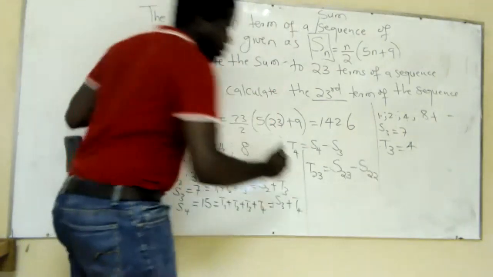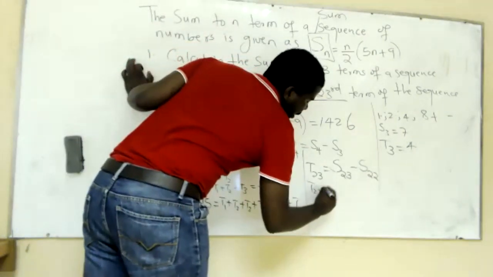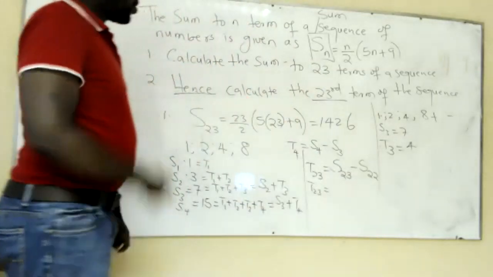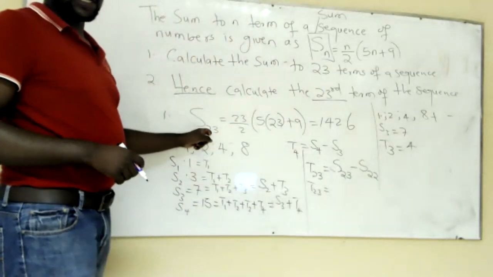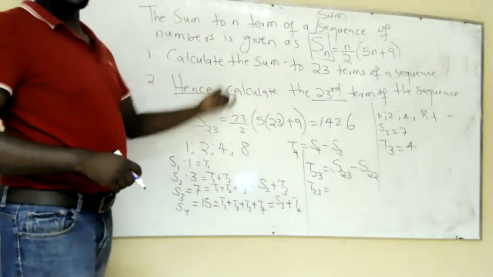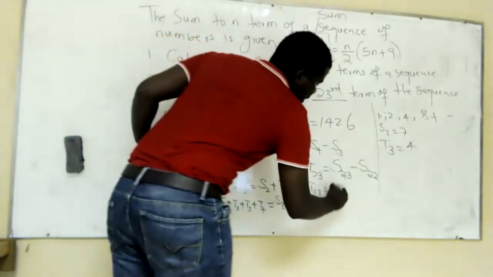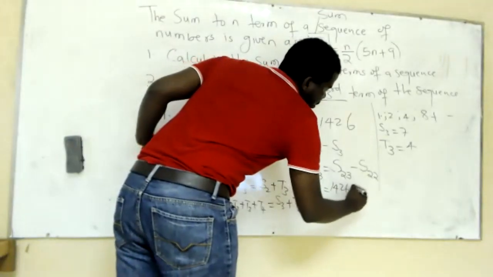Then you will get the answer you are looking for. So therefore, T23 in this case would be equal to T23. We have it already from the previous question. So that's why the question says hence. It's because we're going to use the information from the previous question, of which we find to be 1426 minus.